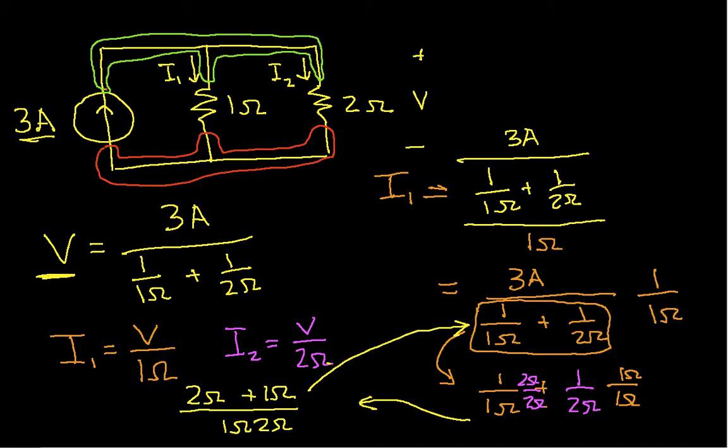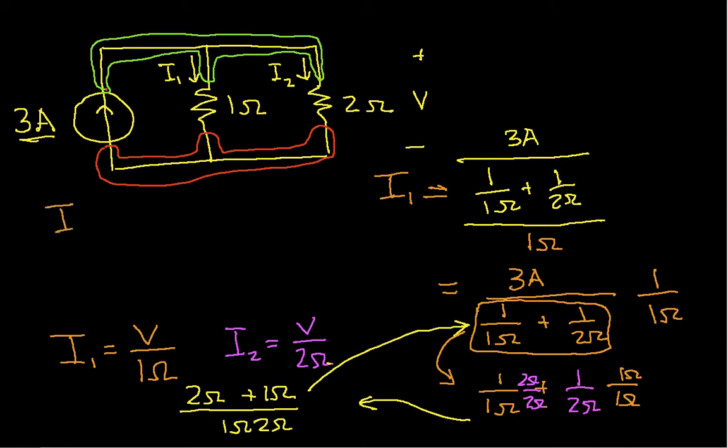So I'll clear out a little space here to finish up this computation. With this result, I1 is equal to 3 amps times 2 ohms, times 1 ohm times 2 ohms.